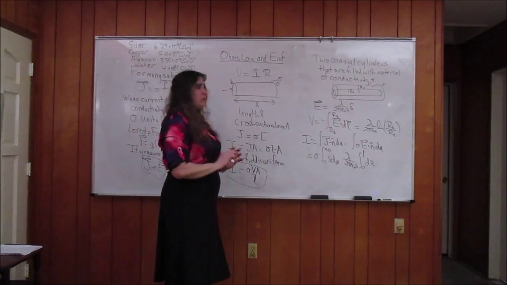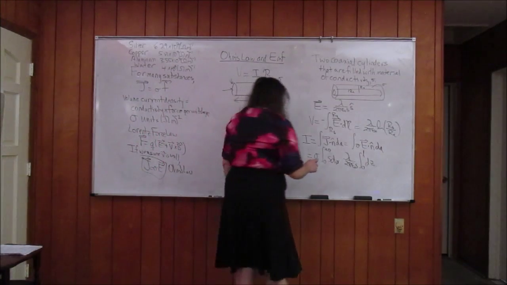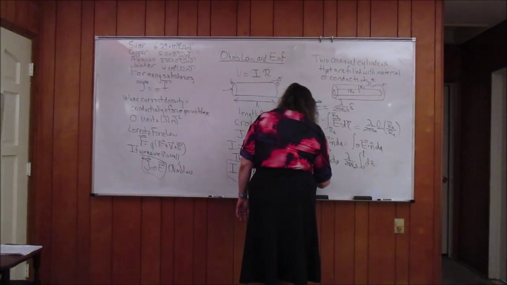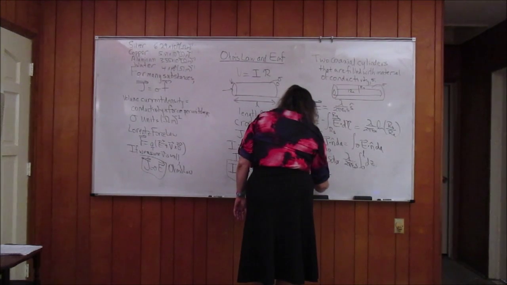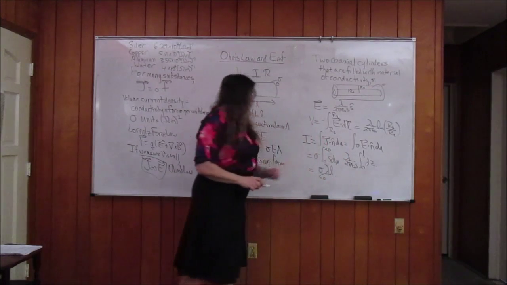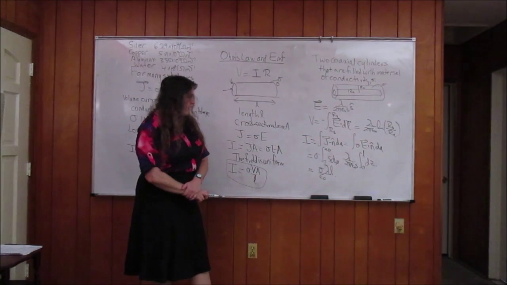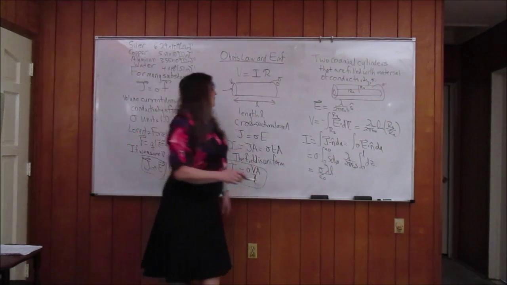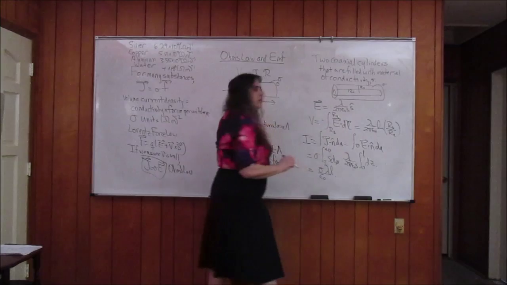Evaluate the current that flows out through some area. That is equal to sigma times lambda times L over epsilon naught.